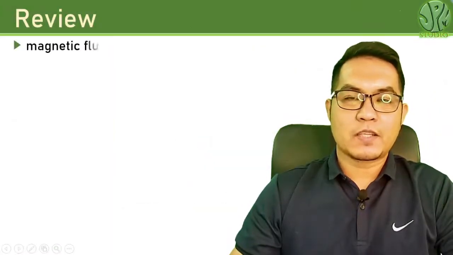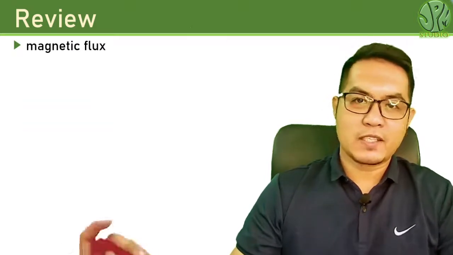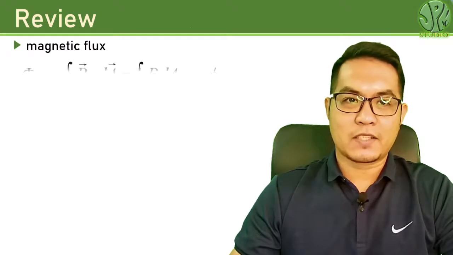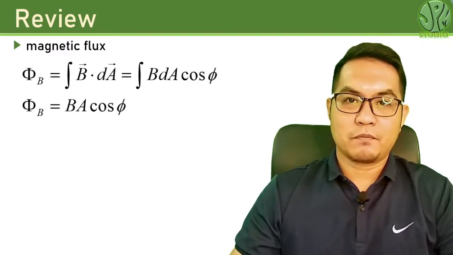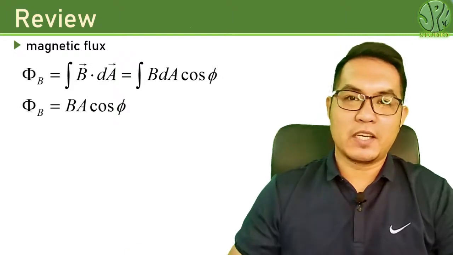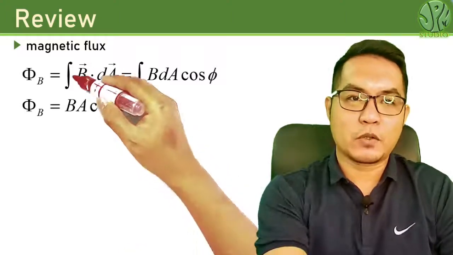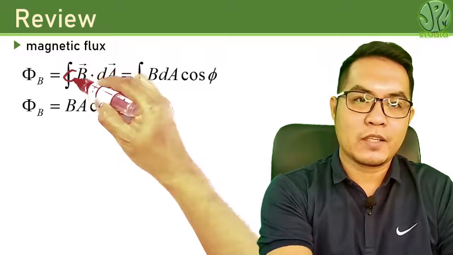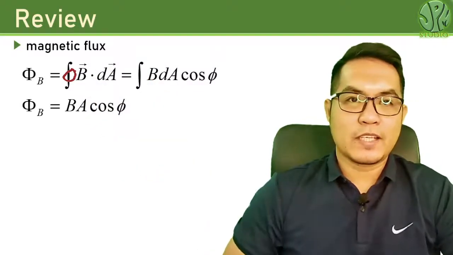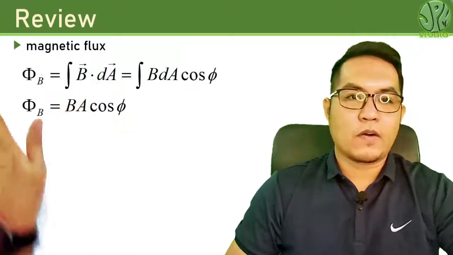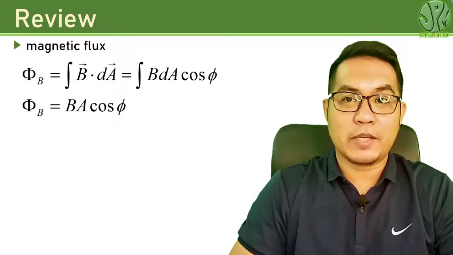When we discussed magnetism, we discussed in passing the magnetic flux, which is just B dot dA. When we discussed the Gauss law for magnetism, we actually took the closed surface integral. But if we only focus on the magnetic flux, it's just the integral of B dot dA.